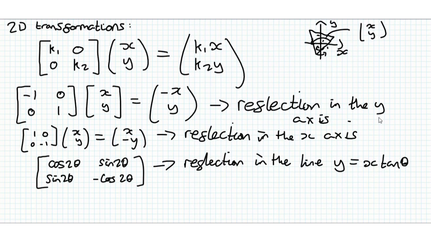So if you want to find the reflection matrix for a particular line, you have to solve this equation here.